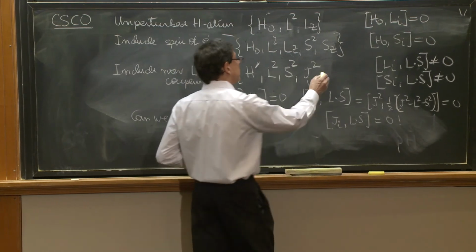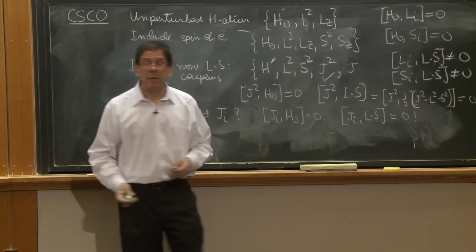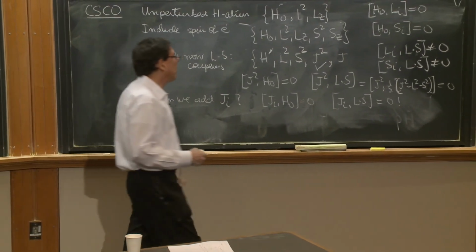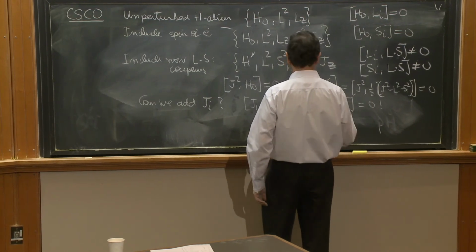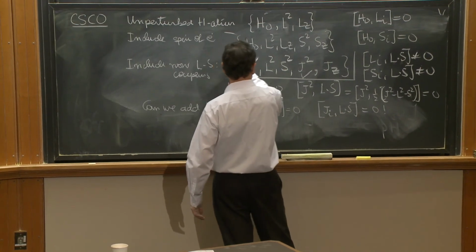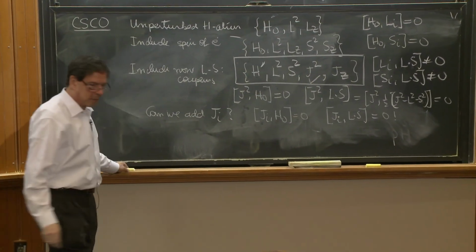So we can put a Ji, but as you know, you can only put one of them, because once you put, say, Jz, you cannot put Jx or Jy. So Jz is here. And that's it. This is our set of commuting observables.